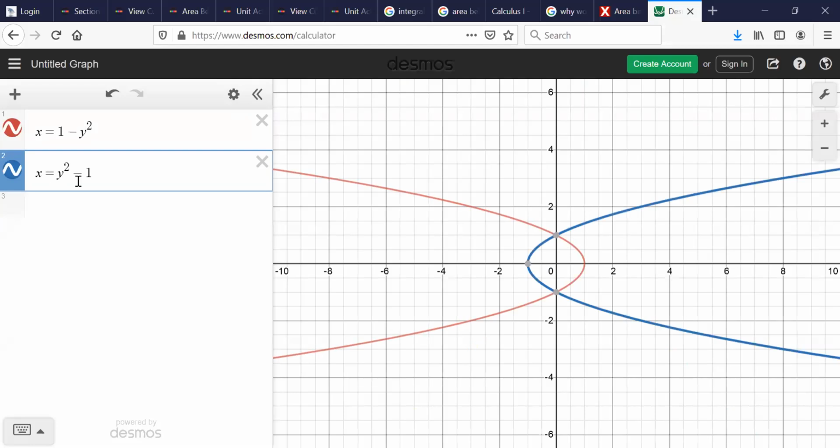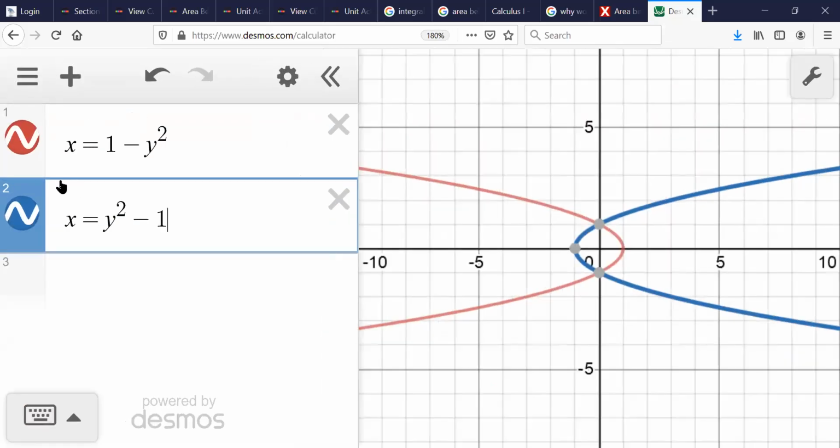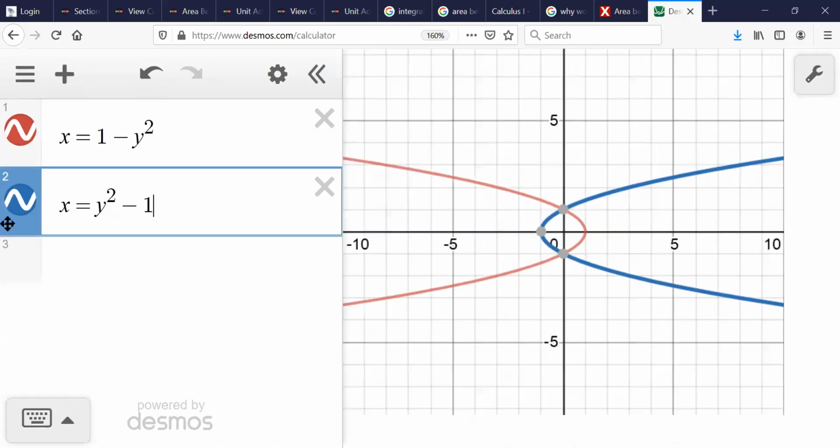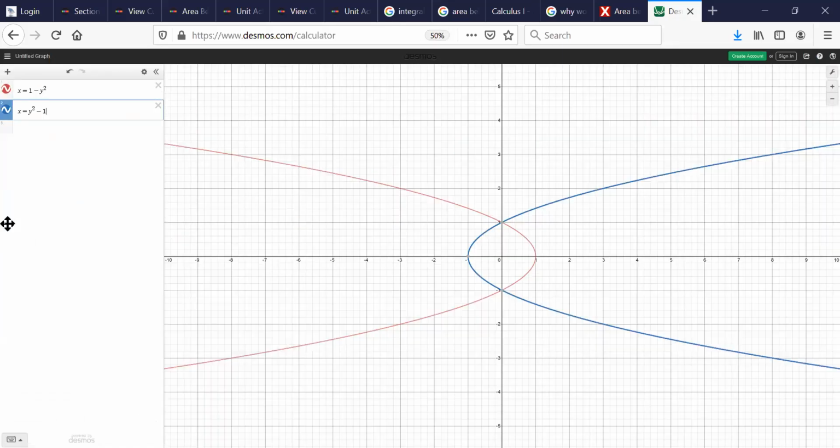Now I can just use this right here to figure out what, because I need a and b, because now these are kind of side by side. They're not one on top of the other, and it's x is equal to something.